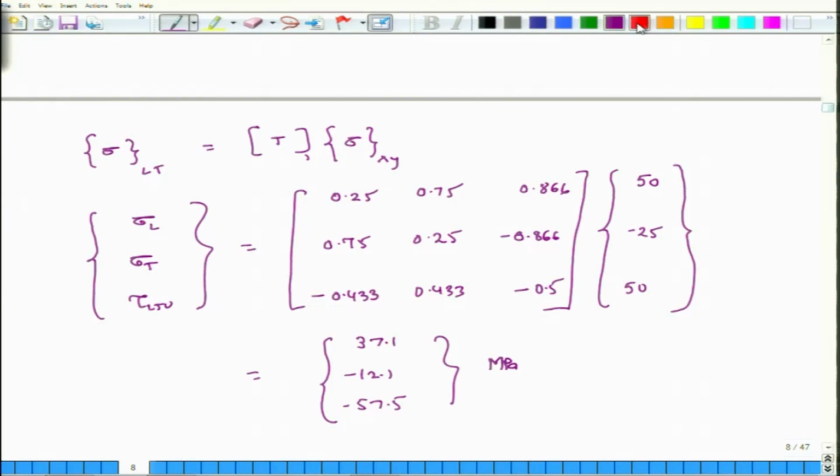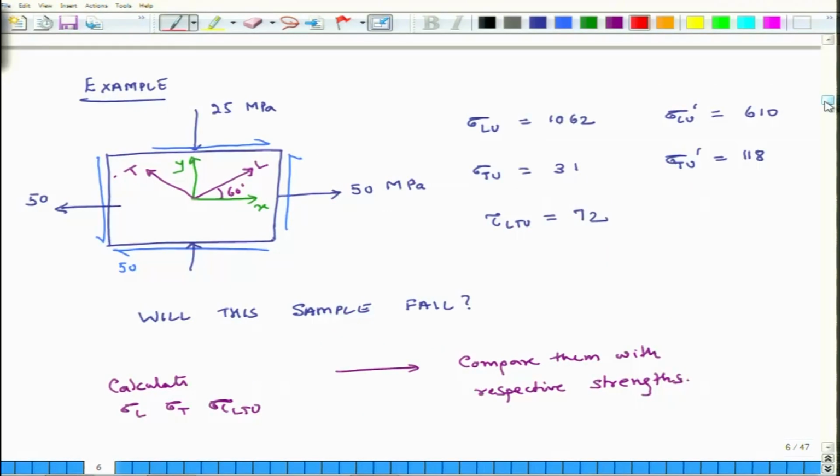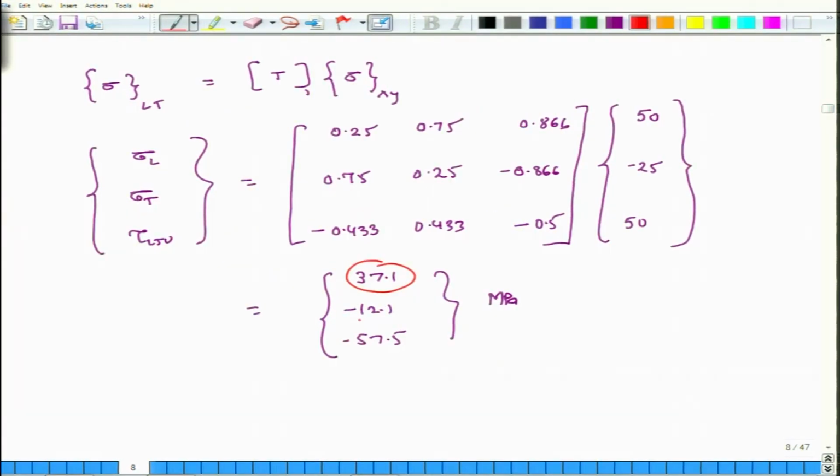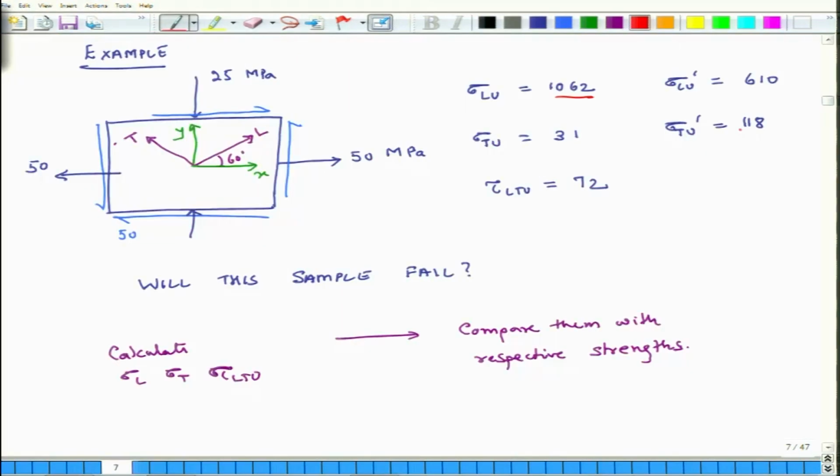So, now you compare. 37.1 is the stress in L direction, tensile, and it is significantly smaller than sigma LU. So, we are okay on that. And then the next one is negative 12.1, and this is significantly smaller than transverse strength in compression 118, and the last number is minus 57.5, and this is also smaller than 72.